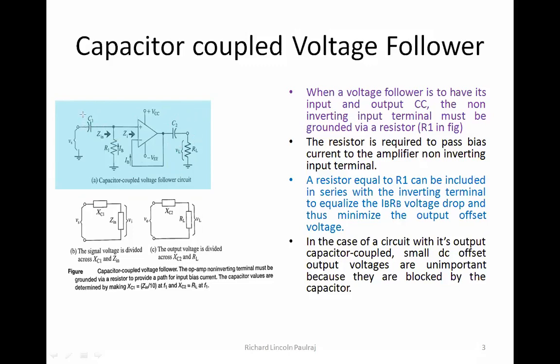The shape is like this, where it has a C and then a straight line. This usually refers to the coupling capacitors. We have seen these values also. Input impedance, R1. This is the resistance that I was talking to you about, the R1 resistance. Fine, so let's get into the details.